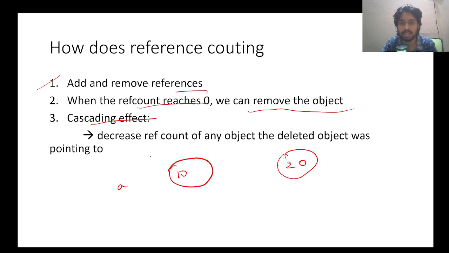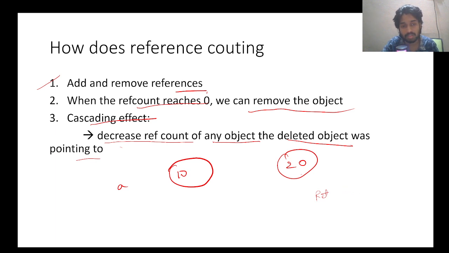That's called the cascading effect. We will decrease the reference count of any object that the deleted object was pointing to. So here, this is the deleted object. We are deleting this object here, and we'll also decrease the reference count. For example, if this 20 has reference count 1, then we will decrease it to 0, and then it will get deleted.